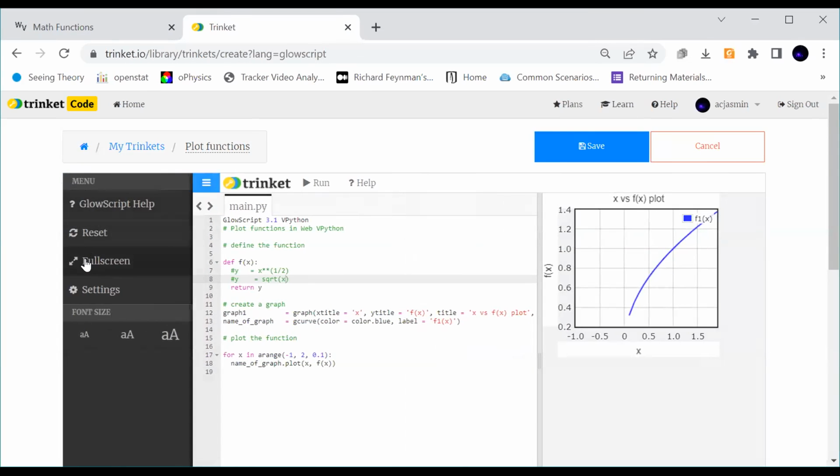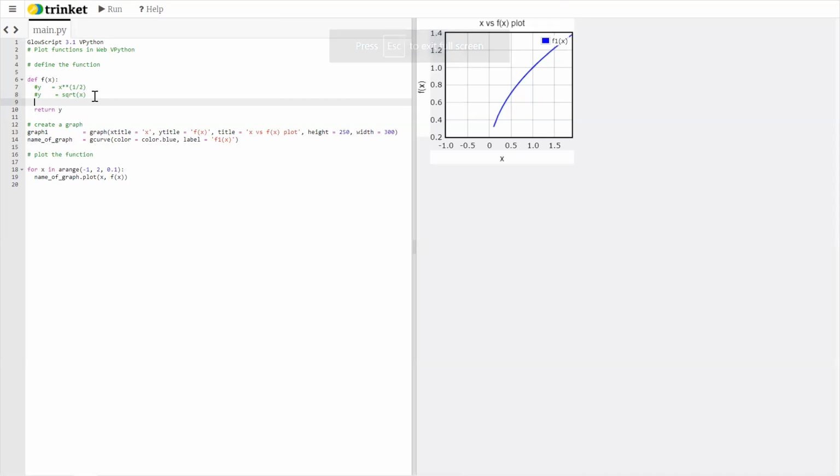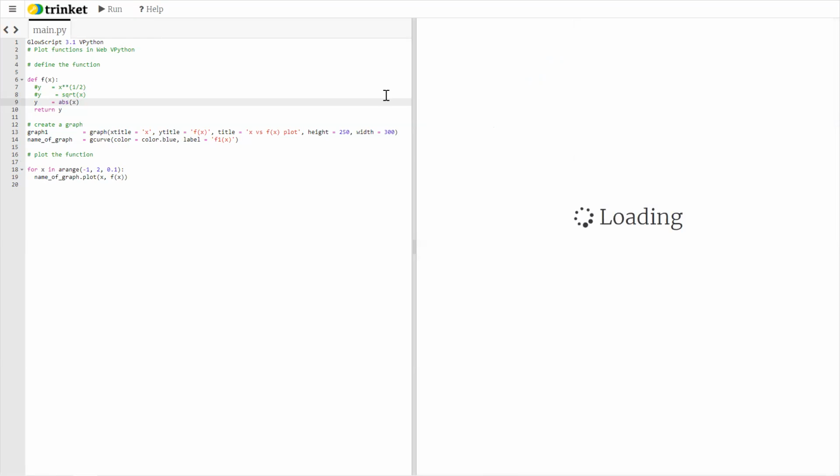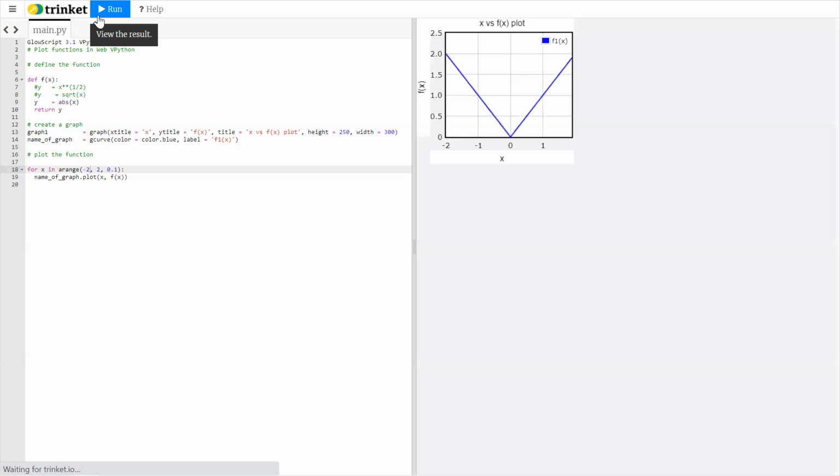So let's try those built-in functions. If we try the absolute value of x, we make it symmetric. The absolute value function gives you the positive value of that number, or the magnitude of the number. So we have these two symmetric curves.